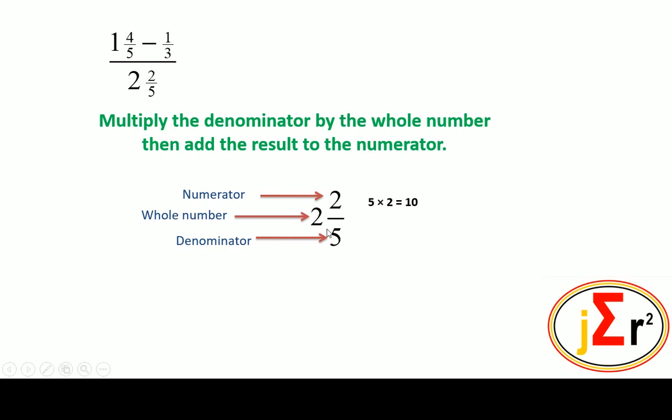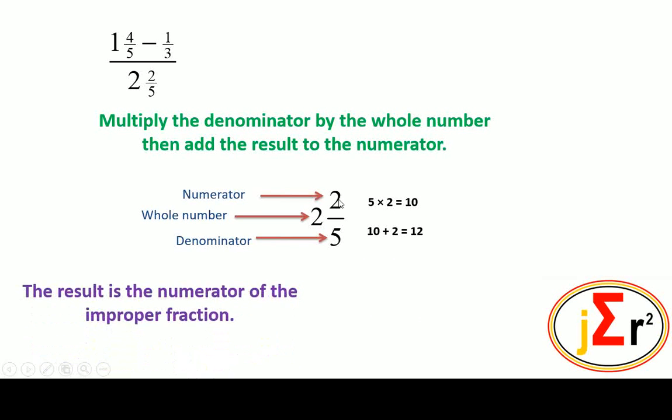The denominator times the whole number, which is 5 twos, 10. Then we will add that 10 to 2. After doing that, we will have the numerator of the improper fraction, and the denominator is going to be the same. So there's no difficulty with that.